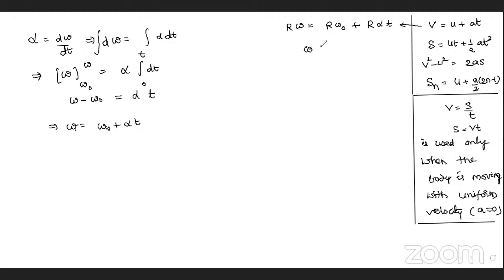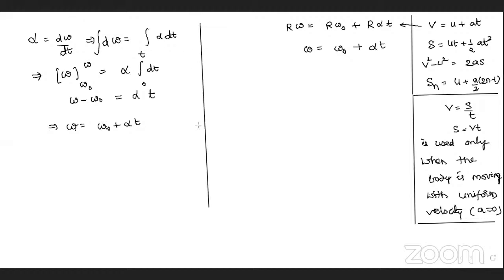I will get omega equals omega naught plus alpha t. Both are the same, but it is a simpler method. Omega equals omega naught plus alpha t after cancelling R. So every time there is no need to go to integration, provided it is moving with uniform angular acceleration. This is what Lakshmi Gayatri asked: sir, why are you using the integration?